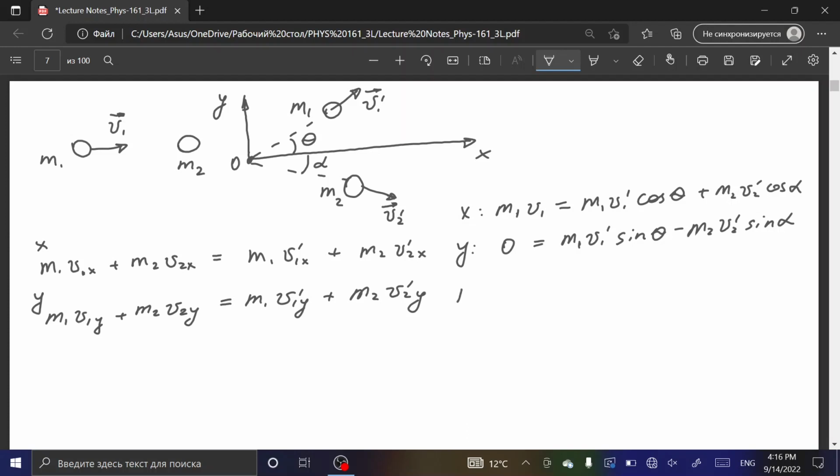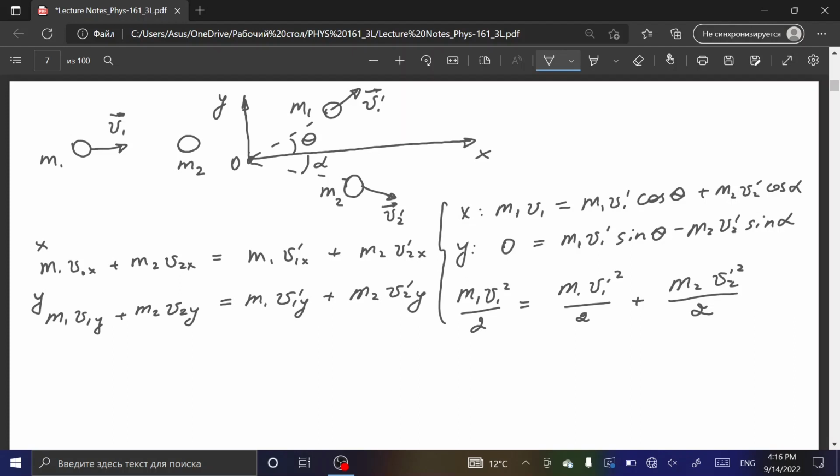So in this case, we can write that m1 v1 squared over 2 is equal to m1 v1 prime squared over 2 plus m2 times v2 prime squared over 2. So this is a system of three equations. This means if we have three unknown parameters here, we can solve this system of equations and get them out from there. So this is an example of elastic collision in two-dimensional space.